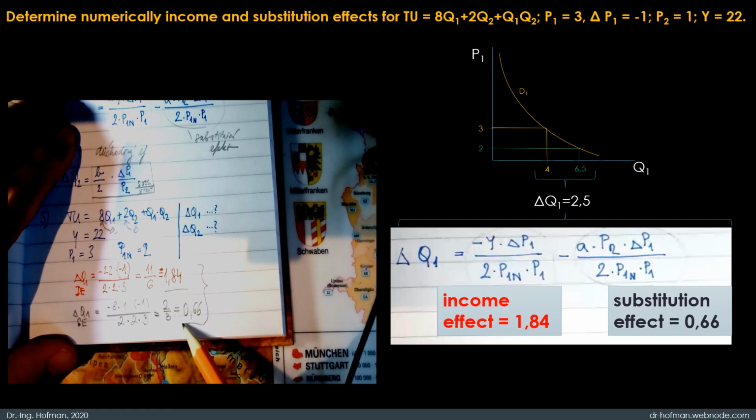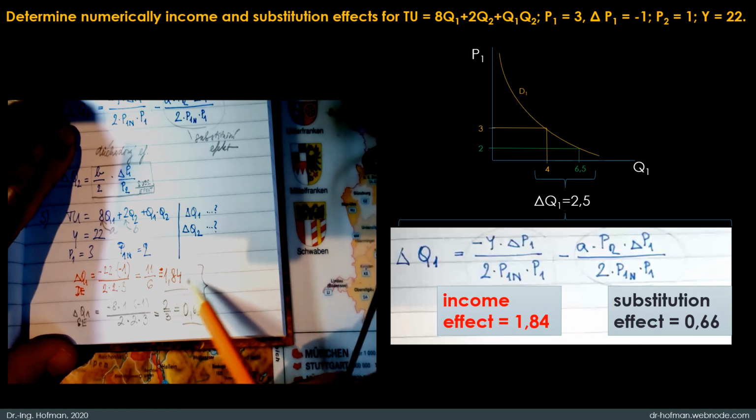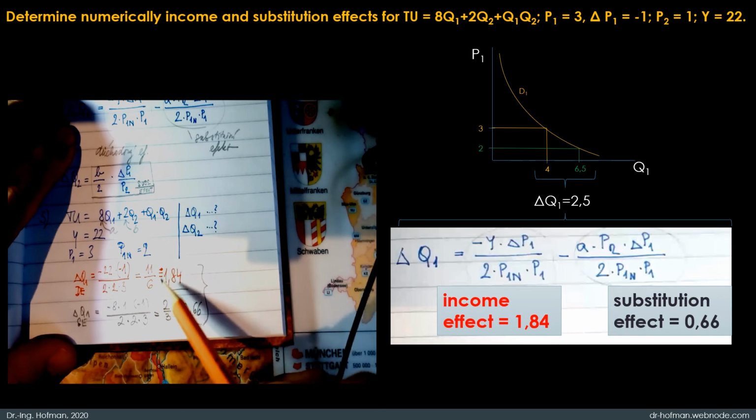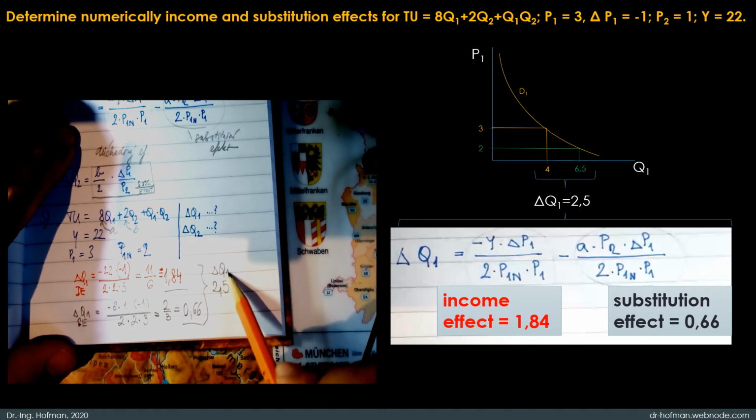When I take now both income and substitution effects together, I will express the change of the quantity of the first good, the delta Q1, which is 1.84 plus 0.66. By heart, it's 2.5 pieces.